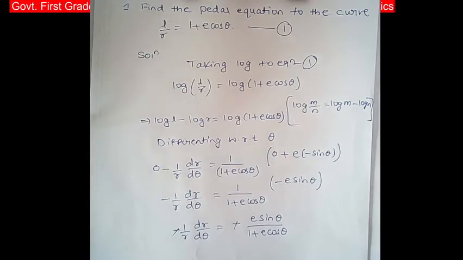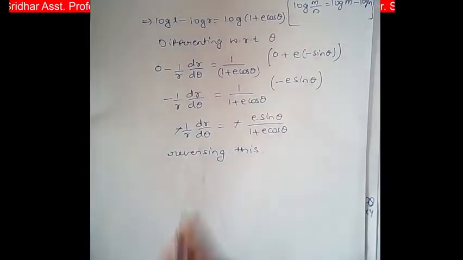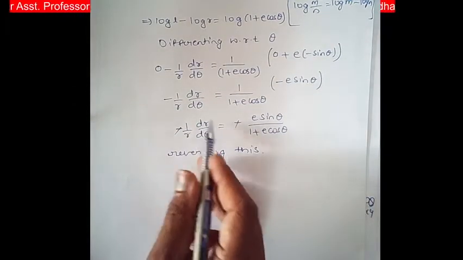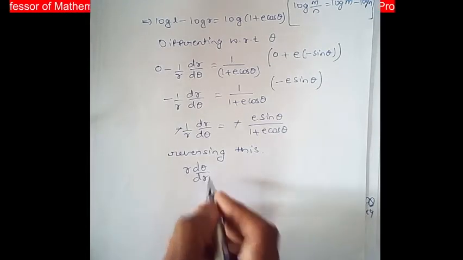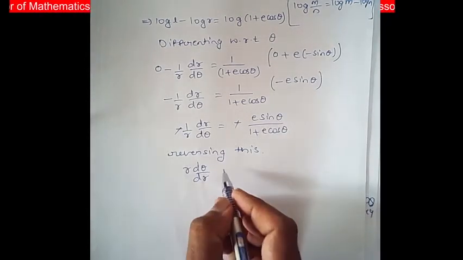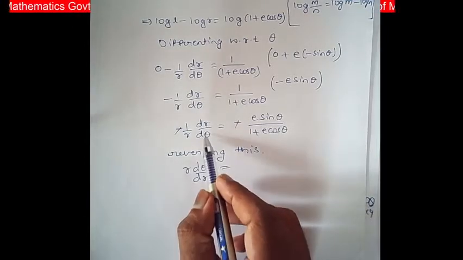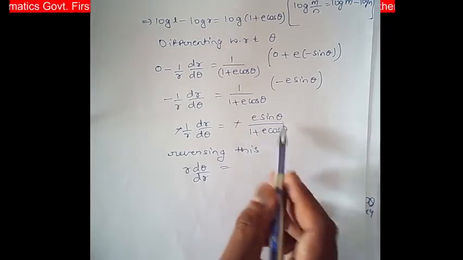Now we need phi. Phi means tan phi is equal to R into d theta by dr, correct? So now reversing this equation, what we will obtain on reversing this, we will get R into d theta by dr, which is equal to, when this is equal to this, then this is also to be reversed.